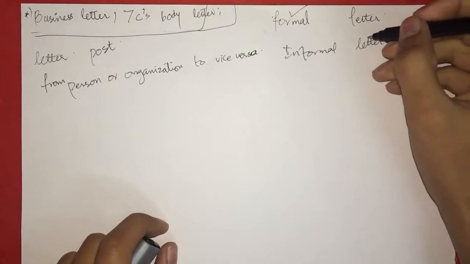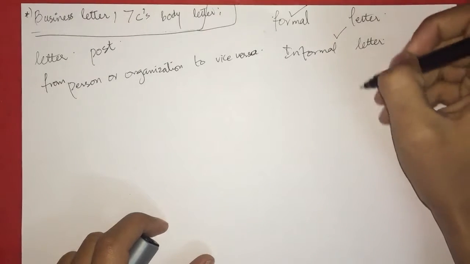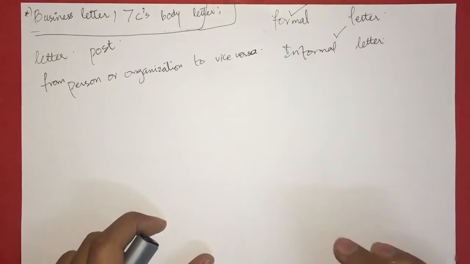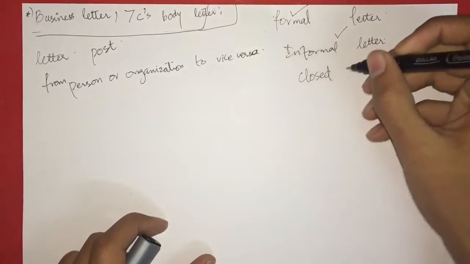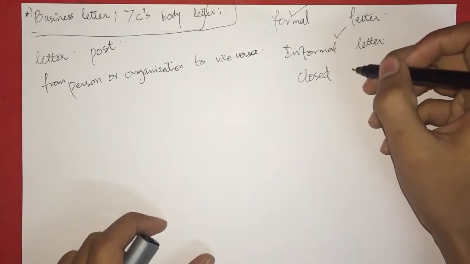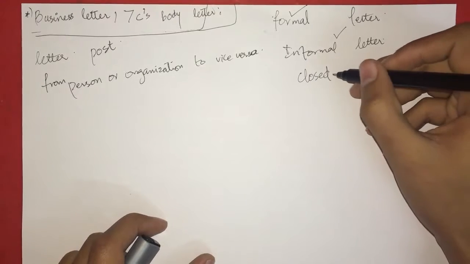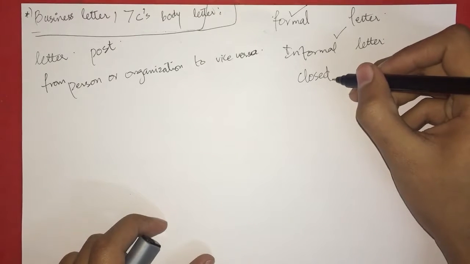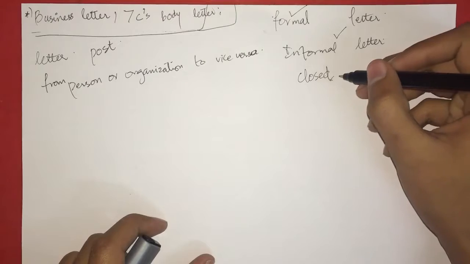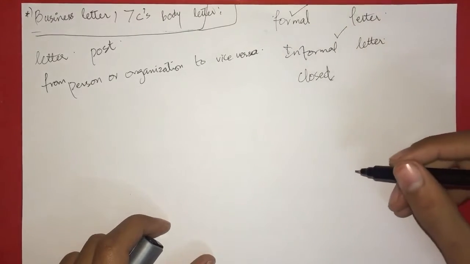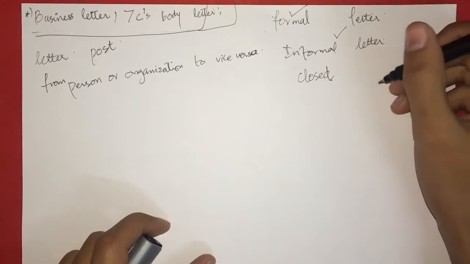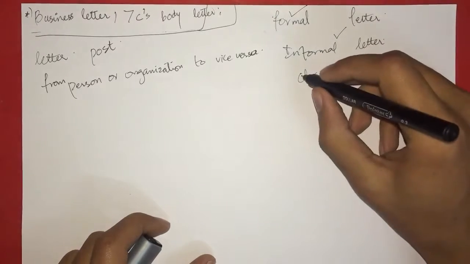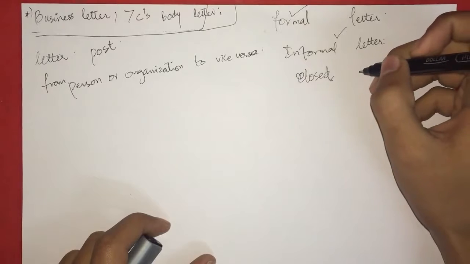And informal letter is that kind of letter which you write to your close ones, or to your loved ones, where you don't have to follow certain formalities. You don't have to follow the conventions. You understand each other. So basically, in an informal letter, you have your own conventions, where you have your personal relationships.